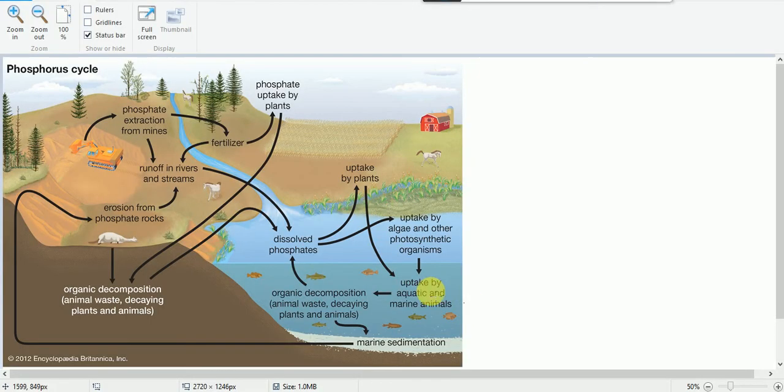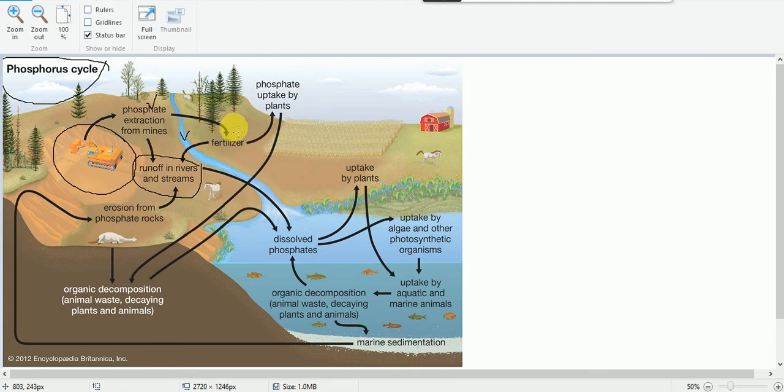So for example, this is a diagram showing the phosphorus cycle. All that we have read earlier is mentioned here. See here, in the mining areas we get phosphate, then some of this phosphate will be dissolved by the running water, by the rivers and the streams, and then here it will be utilized.